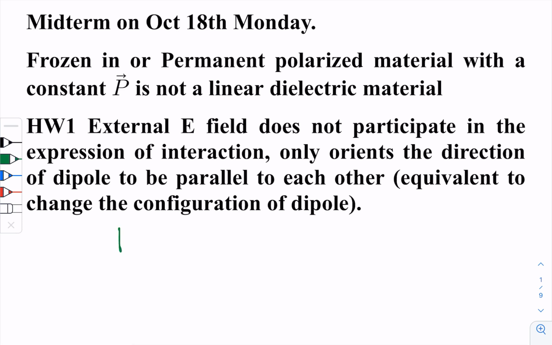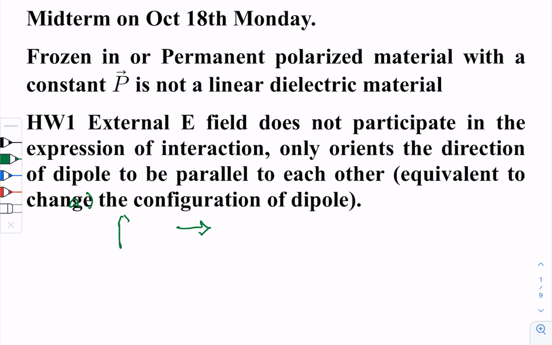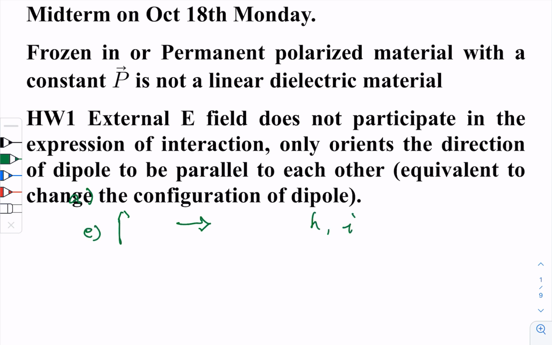In other words, you can think that initially I have 2 dipoles from the homework question, probably from A to E, and from H to I. You should think of 2 dipoles that are parallel to each other, but in a configuration like this. And then another where they are parallel to each other, but head to tail. So these are the 2 configurations that I want you to calculate.